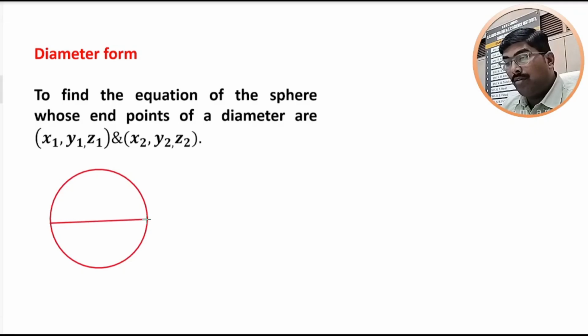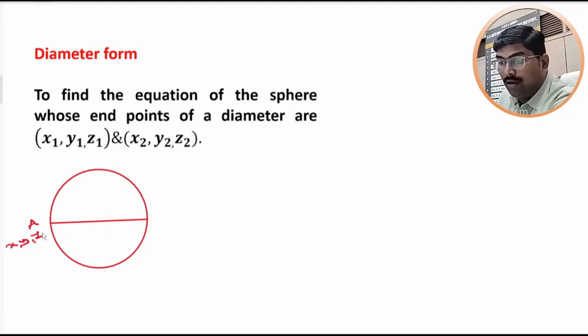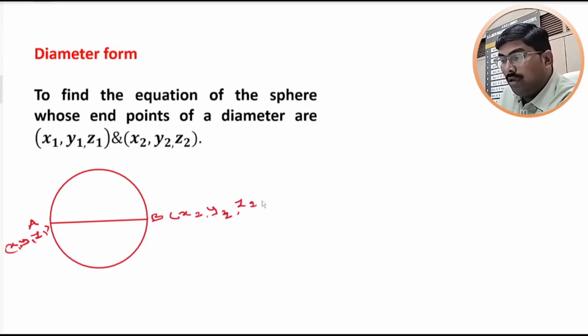This is the diameter of the sphere whose two endpoints of a diameter are, the first endpoint is A, that is x1, y1 and z1, and another endpoint of a diameter is B, whose value is x2, y2 and z2.